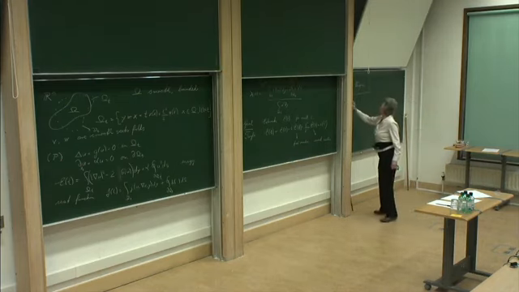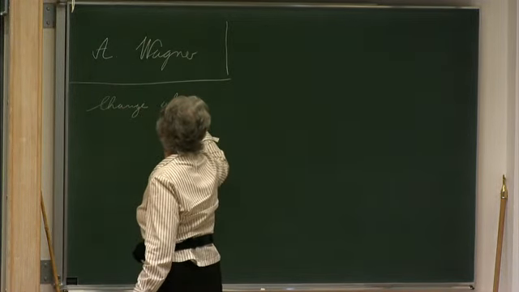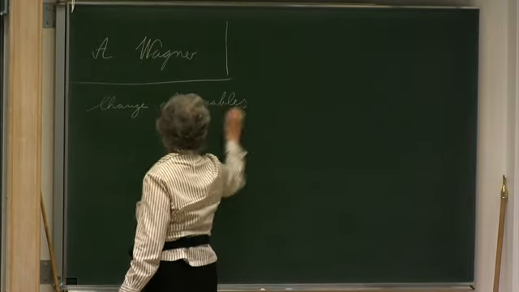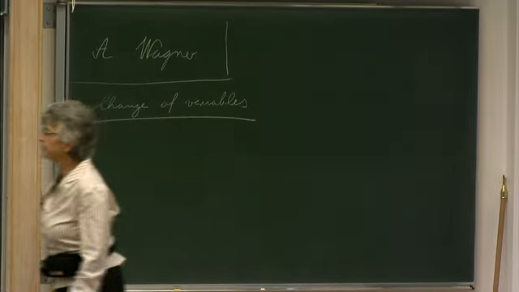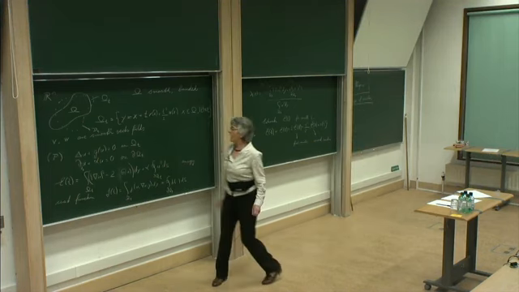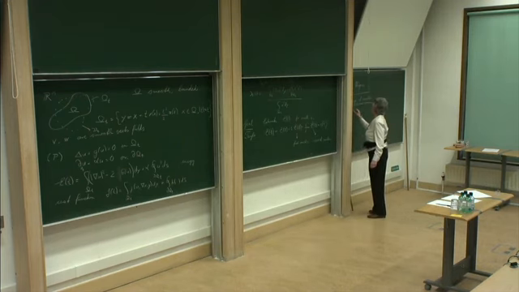So we make a change of variables. Namely, for small t, y is a diffeomorphism from omega to omega t.